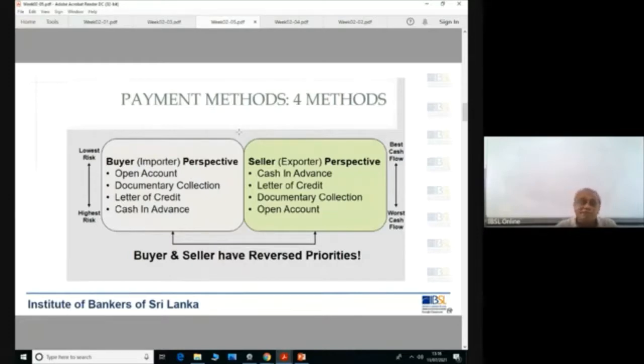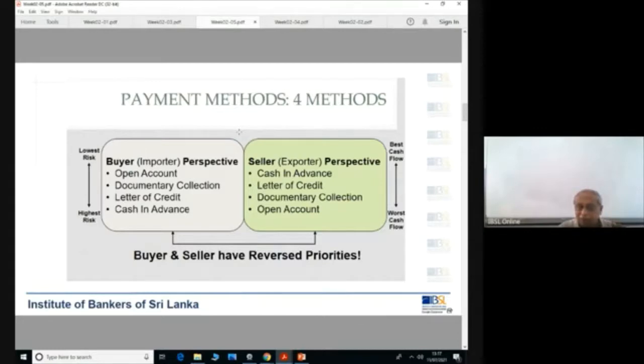Now, based on the risk and the customers' priorities, we can segregate these payment methods like this.